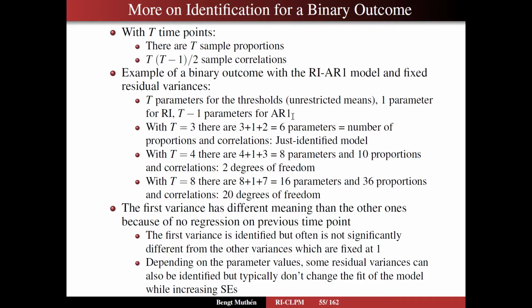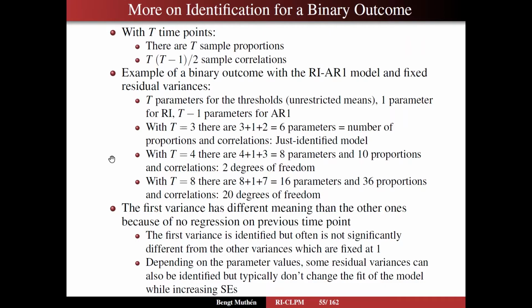So we're focusing on the case of all residual variances fixed, which is more than we need, but it's going to be our standard approach. For t equals 3, there are then 3 thresholds, 1 random intercept variance, and 2 autocorrelation coefficients, namely 6 parameters, which is equal to the number of proportions and correlations, so you get a just identified model.